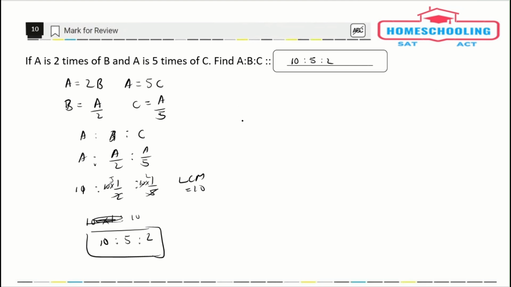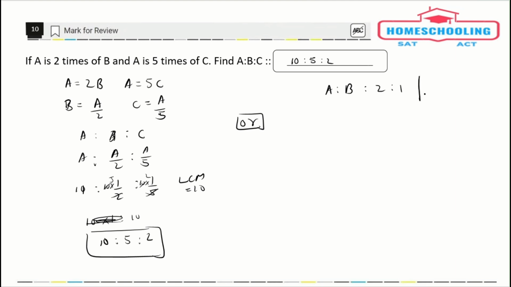There's one more way to solve this question. As the question says, A is 2 times of B. A is to B, so the ratio would be how much? A is 2 times of B, so the ratio would be 2 is to 1. We can write that.